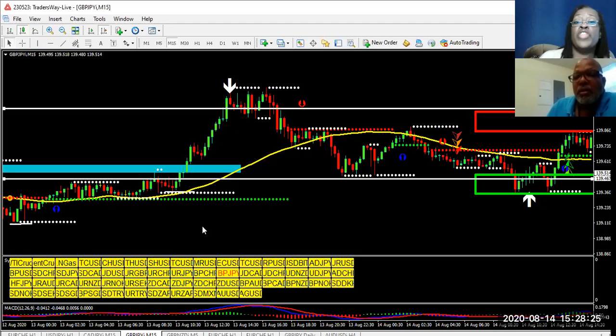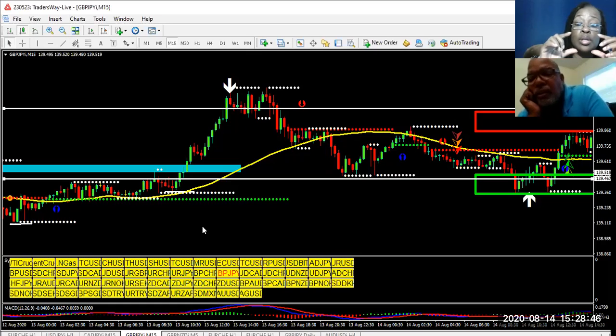Now, the amount of pips that I got was about 25 pips. So it's 25 pips times the 4 positions. The total amount of pips would have been 100. That's pips though, not dollars, so it's 2 different things.